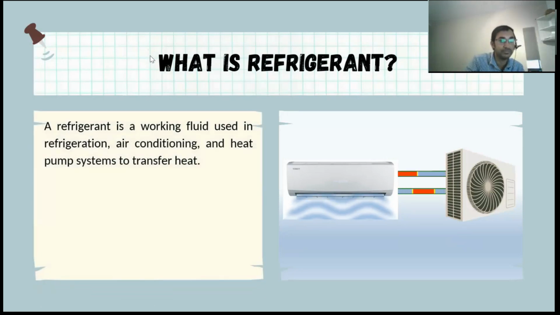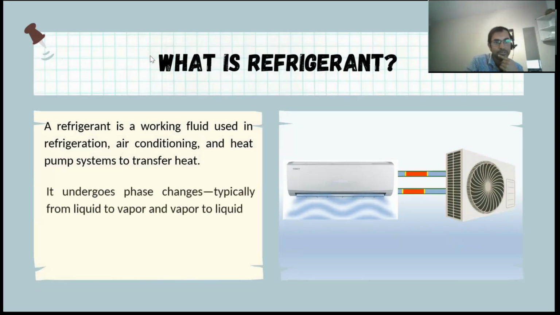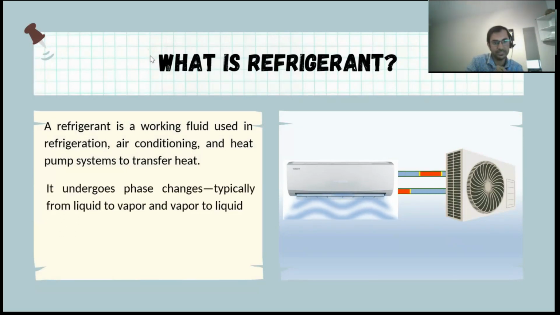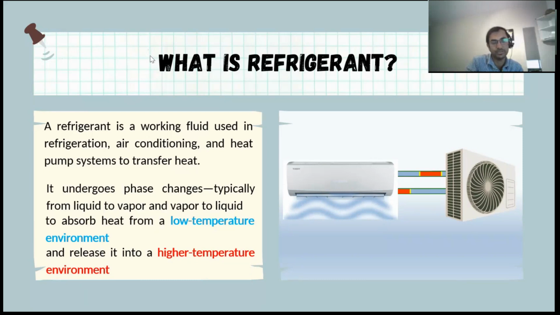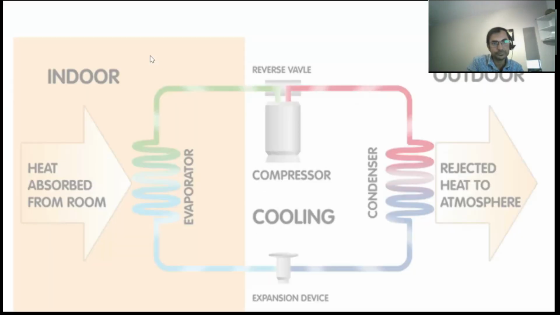So a refrigerant is a working fluid used in refrigeration, air conditioning, and heat pumps to transfer heat. It undergoes phase changes, typically from liquid to vapor and vapor to liquid, to absorb heat from a low temperature environment like our room and reject it to a high temperature environment like the atmosphere.